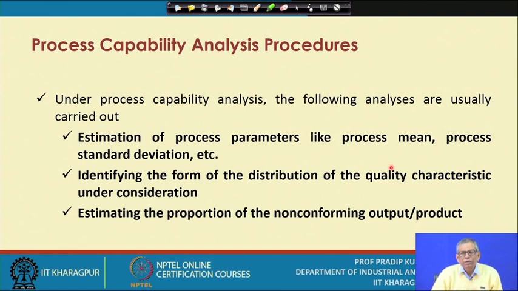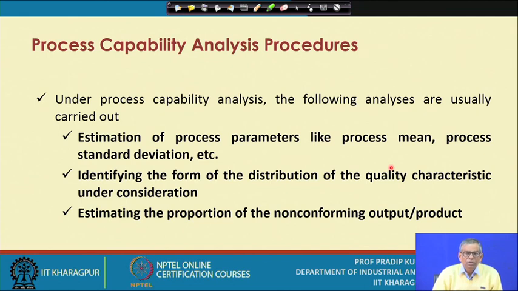So identification of the process parameters is a must, and then how do you relate these process parameters with the kinds of operations you carry out on a particular process. So this knowledge is a must.